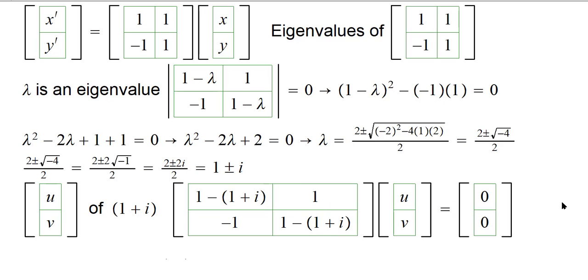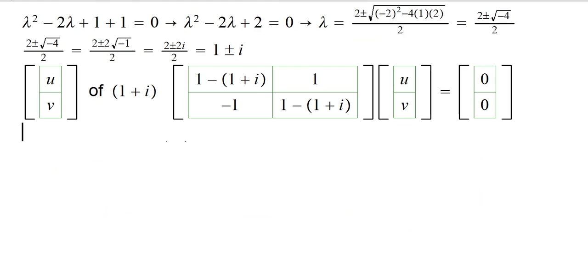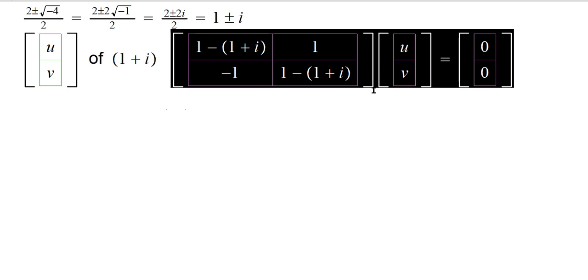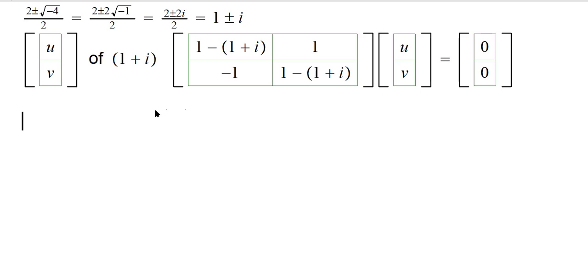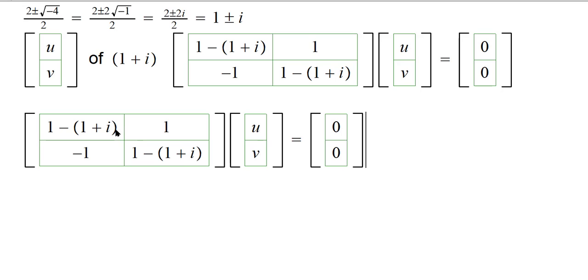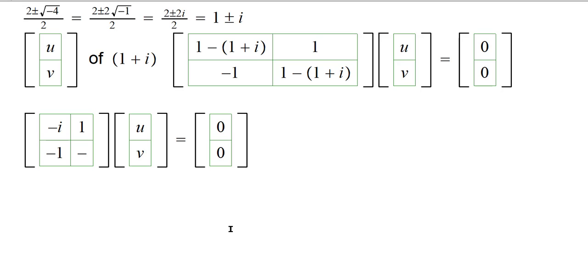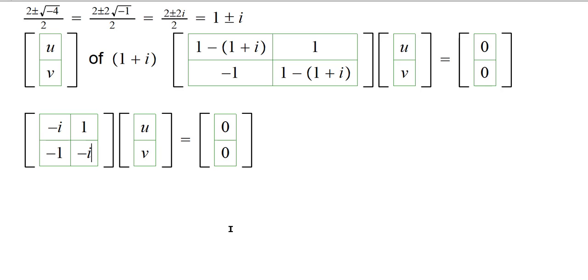And then if we go ahead further working with this, what we get is the following. That is, we get negative i, then 1, and then negative 1, and then negative i as well, so that becomes 0, 0.